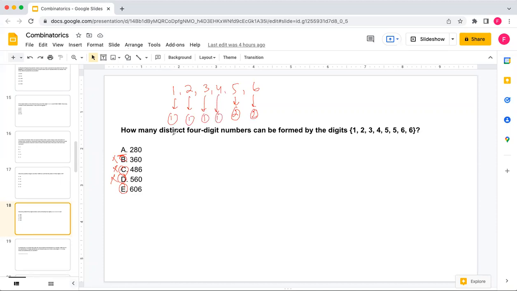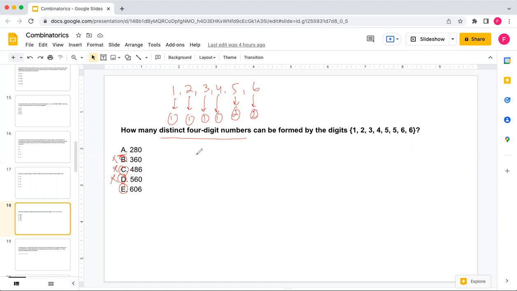So we want to form a distinct 4-digit number from the digits 1, 2, 3, 4, 5, 5, 6, 6. First of all, you want to make a 4-digit number. Then how many possibilities can you have?